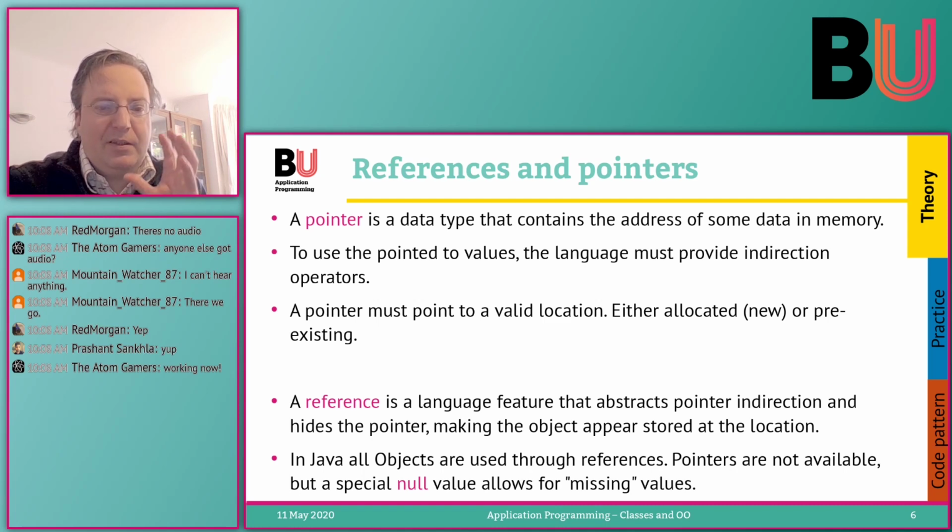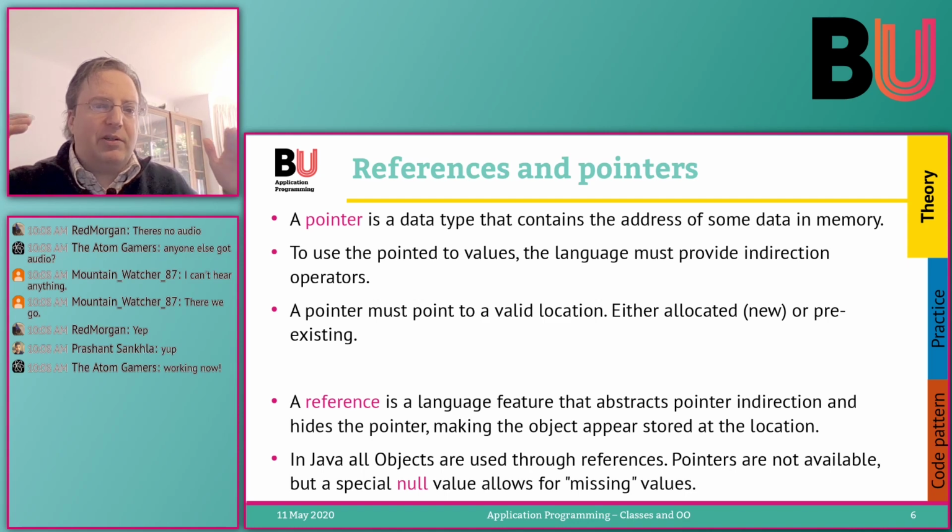So references and pointers allow you to say, okay, there's multiple names for the same value, for the same memory location in which that value has been defined. So there's multiple ways of pointing at that. So multiple attributes could hold the reference to the same object. You can pass it along, etc.